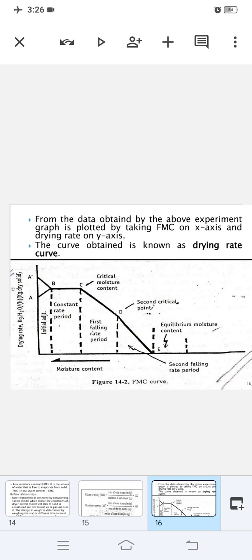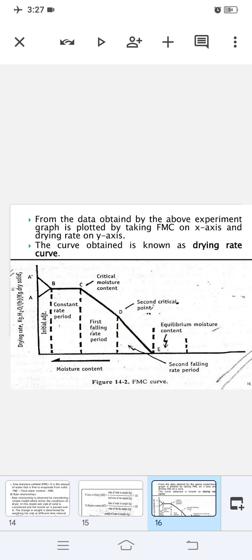In this period, surface water is no longer replaced at a rate fast enough to maintain a continuous film on the surface, and dry spots begin to appear, meaning the rate of drying begins to fall off at this stage. That's why point D is referred to as the second critical point. Here the rate of evaporation is greater than the rate of diffusion.